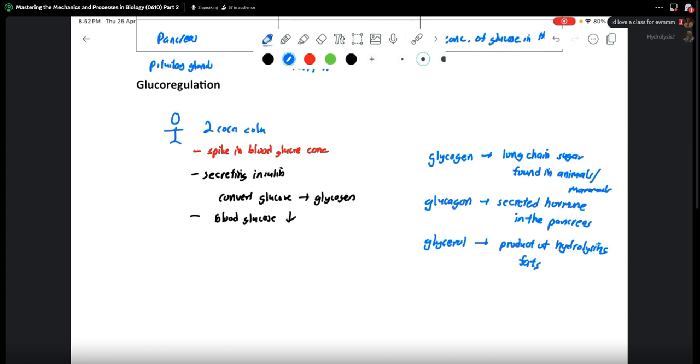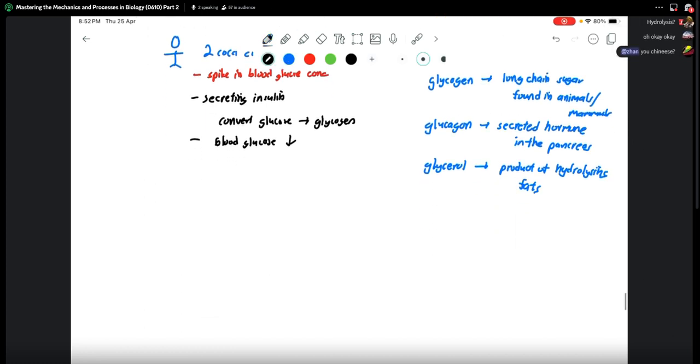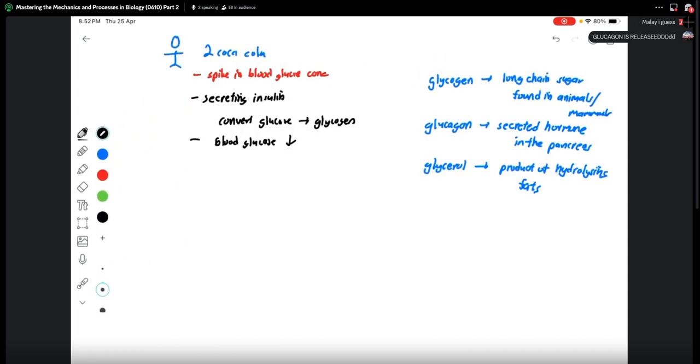Okay, all right. So now this person lacks glucose. This person is very tired, or maybe is undergoing strenuous exercise, so he wants more glucose to be sent to the body. So in the surrounding there will be low blood glucose concentration.